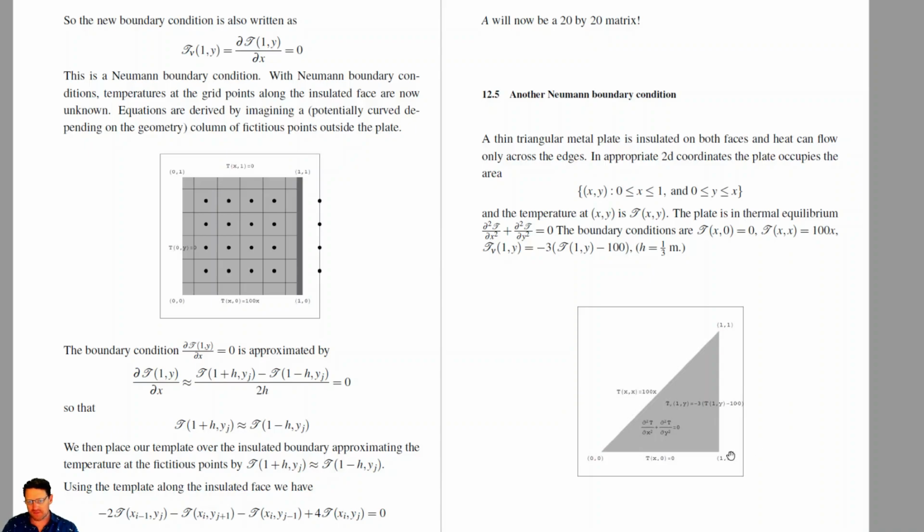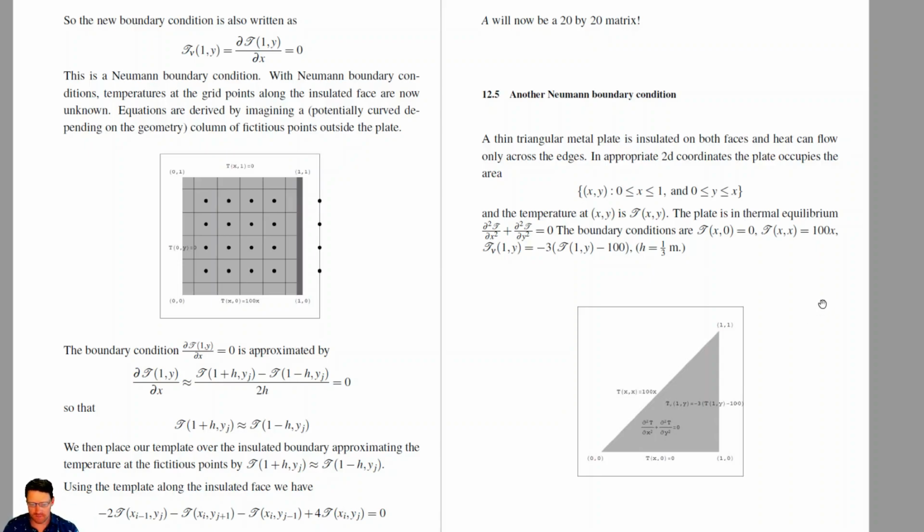And then we've got this Neumann boundary condition which says T_x(1, y) is -3[T(1, y) - 100]. And here we're going to use h as 1/3 of a meter.